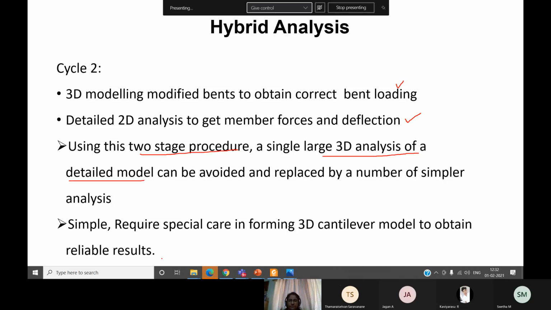So it requires special care in forming the 3D cantilever model to obtain reliable results. These are the 3 different types of analysis we can do in a tall structure.